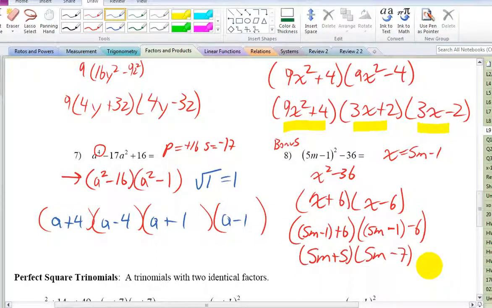Okay, so here we have a plus 4, a minus 4, a plus 1, a minus 1. How many factors? 4. Okay. All right, so that's the end of difference of squares.